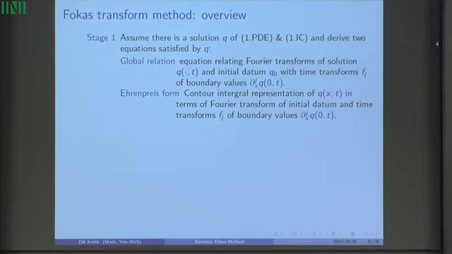So if it's the heat equation, then you're just going to have the Dirichlet and Neumann boundary values. Then you also derive the Ehrenpreis form, as it's called, which is a contour integral representation of the solution. And it, again, features these same things, right? The Fourier transform of the initial datum, and also these time transforms of the boundary values.